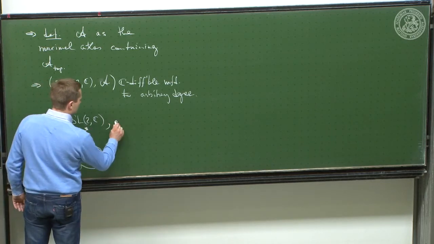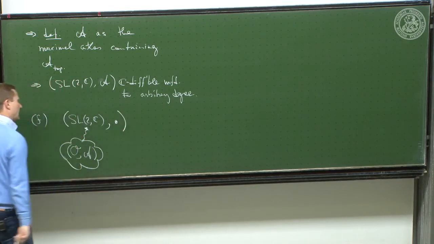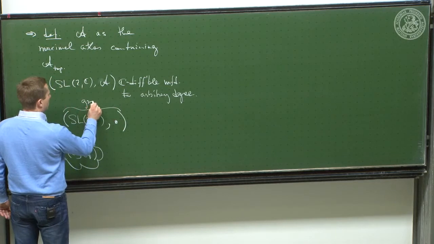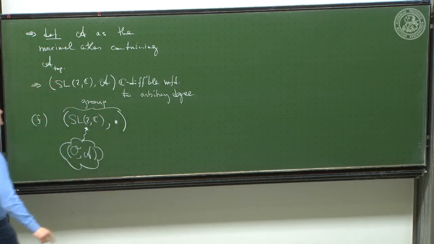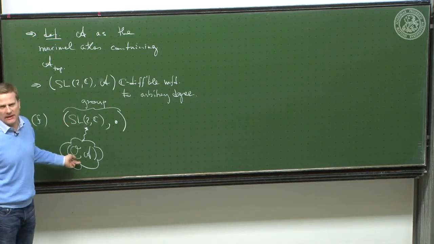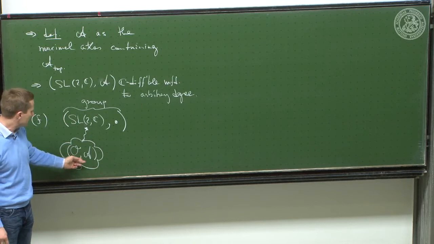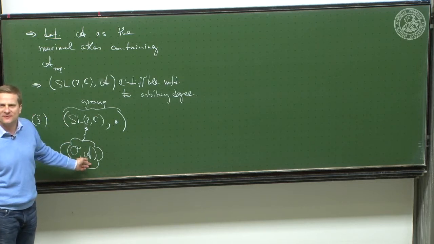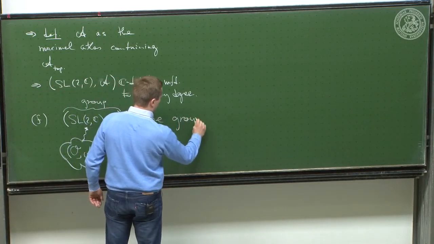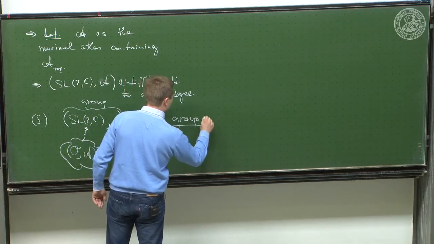We can take it and look at it together with the group operation, which we already know is a group. That was one of the first things we checked, but it's a group where the underlying set has been made by us into a smooth manifold. So the question is, is this a Lie group?